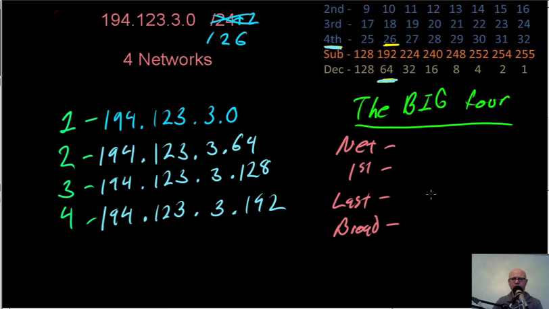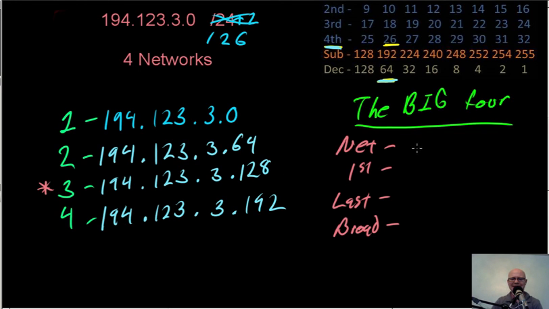Net, first, last, broad. Let's pick a network. Let's pick network number 3 and work out the big 4 for network number 3. Why network number 3? Just because I felt like it. We could do the same for network number 2, 1, 4, whatever, but let's just do network number 3.